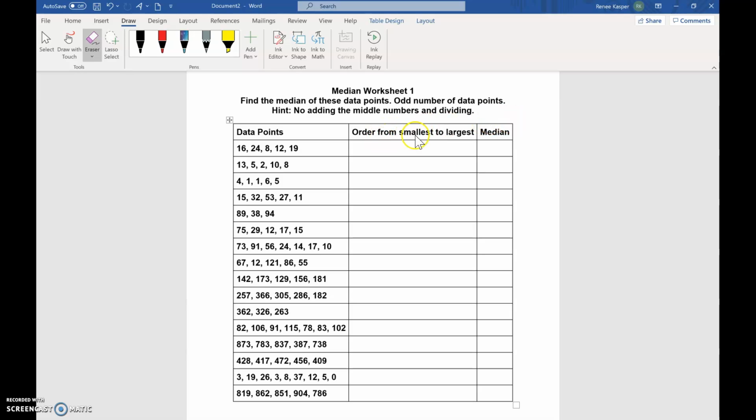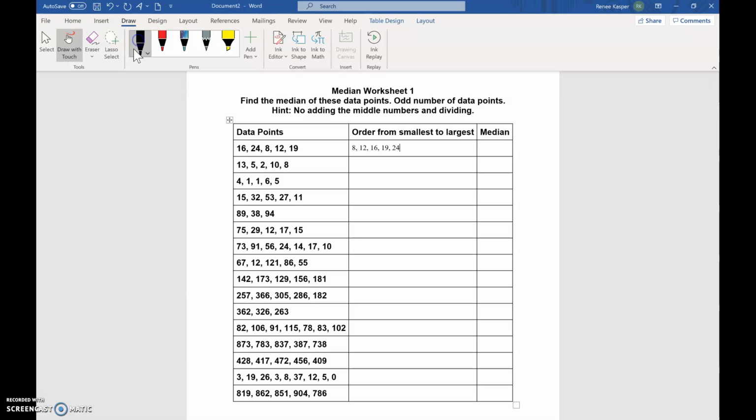So let's go ahead and order these from smallest to largest. So if I look at my data points, I see 8 is the smallest, then 12, then 16, then 19, then 24.